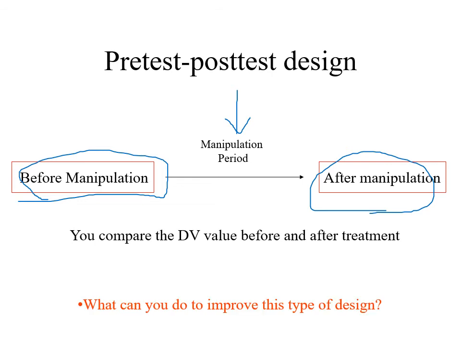Now, what would you do to improve this kind of design? Something we said before is that a lot can happen between this and here. Imagine a very long time passes between the before manipulation and after manipulation. There could be a significant amount of history that happens, or maturation, or the system that you are testing with went through some malfunctioning.